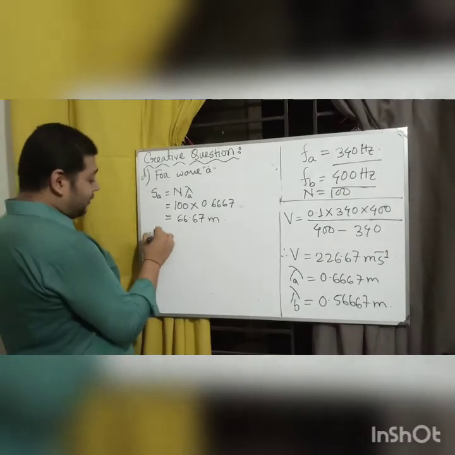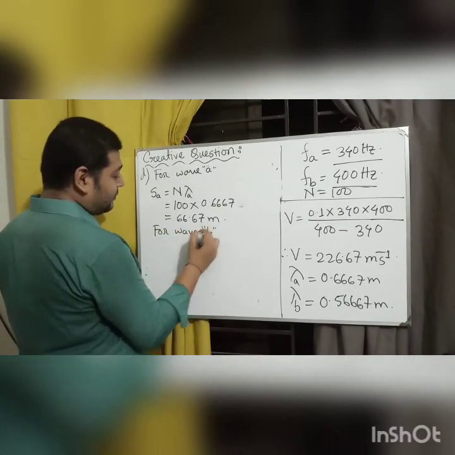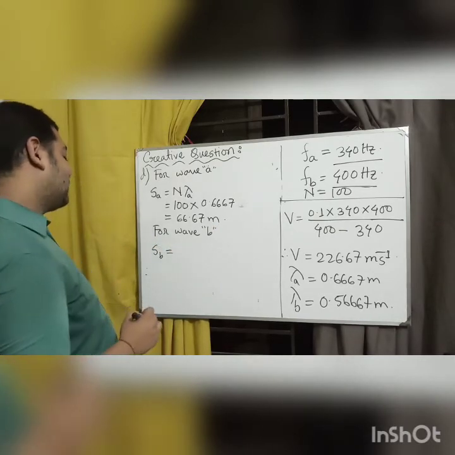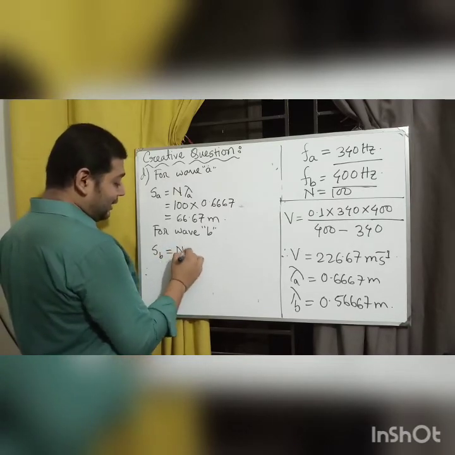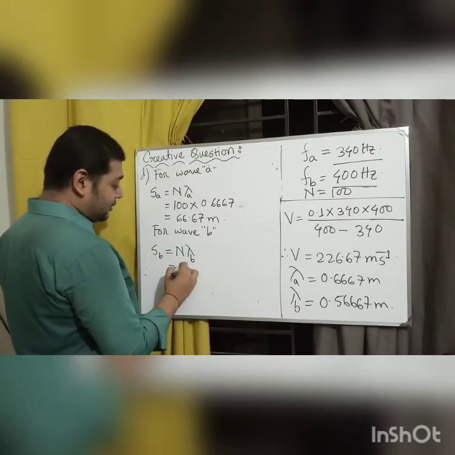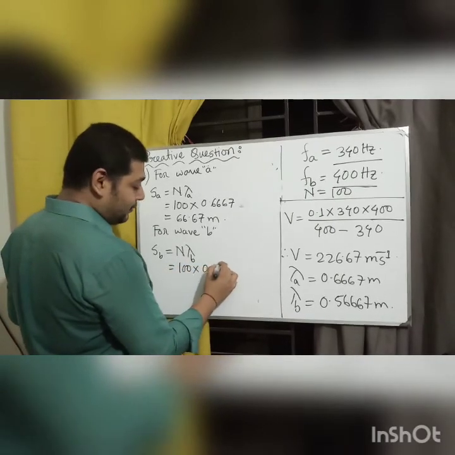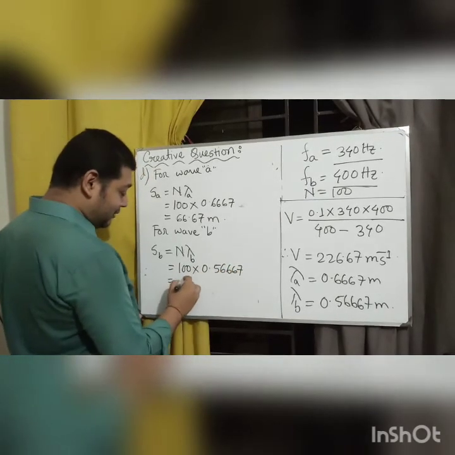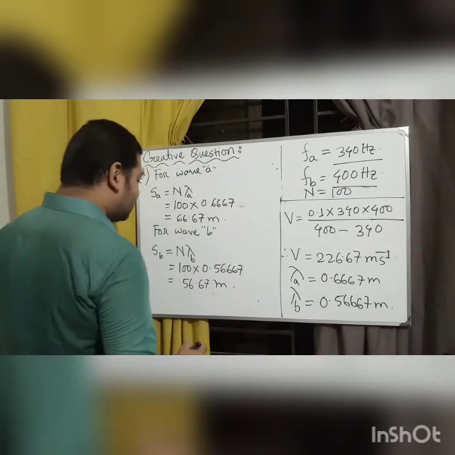And again for wave B, distance covered by wave B is denoted by SB, and SB is n into lambda B. So 100 into 0.5667, and calculating we get 56.67 meter.